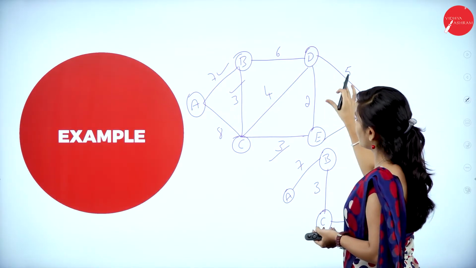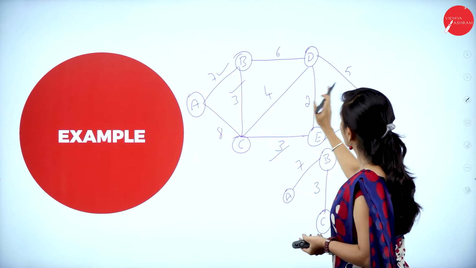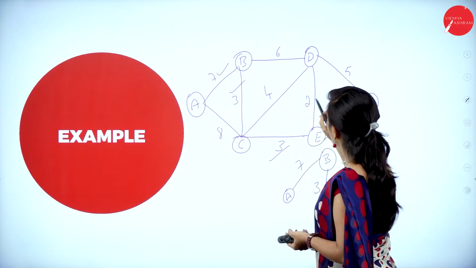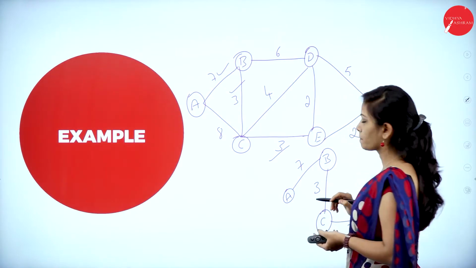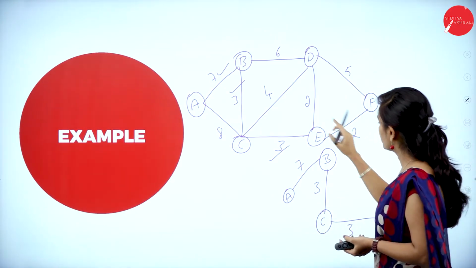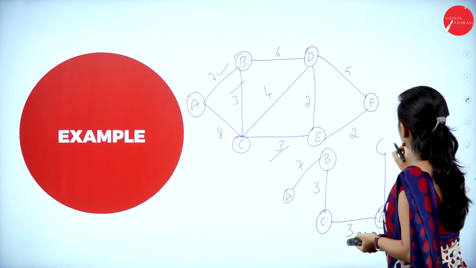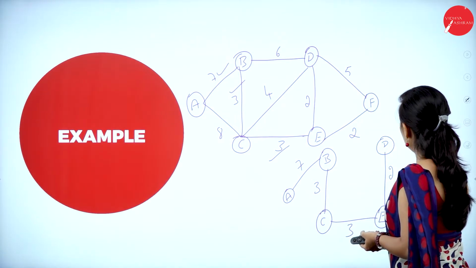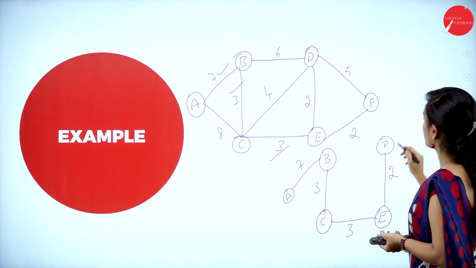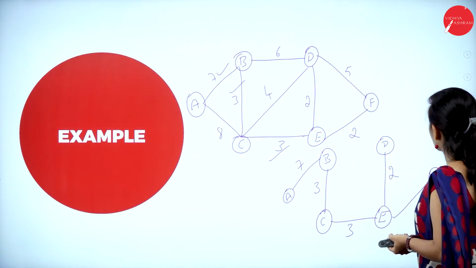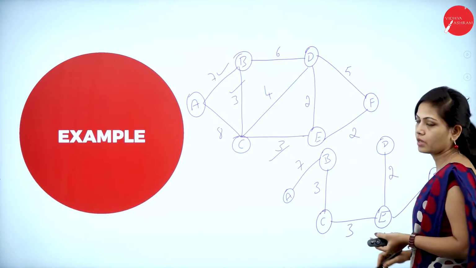Which is the least value among these 5 values? Here I have 8, 4, 6, 2, 5 and 2. So, here you will get 2 values, that is D to E is 2 and again E to F is 2. Clear?